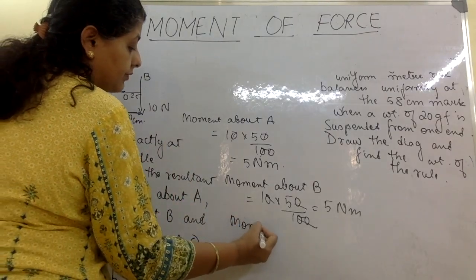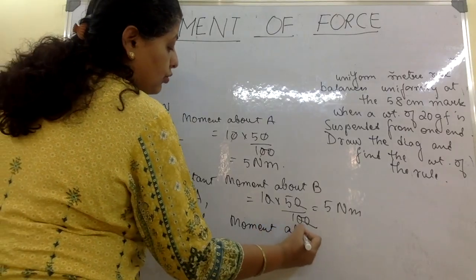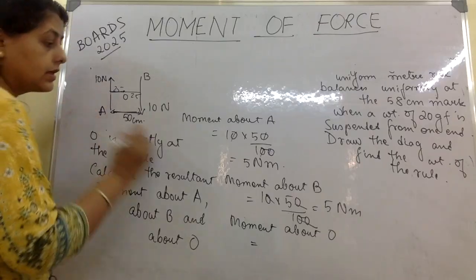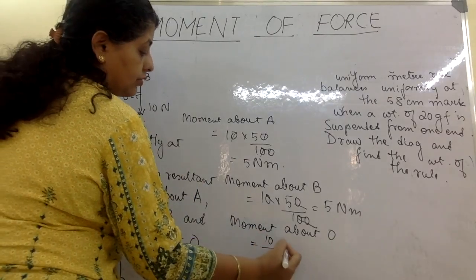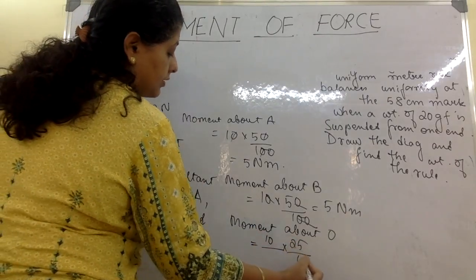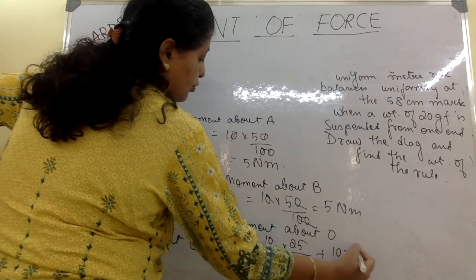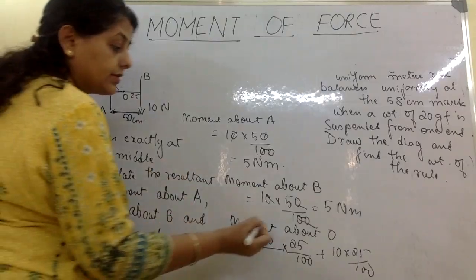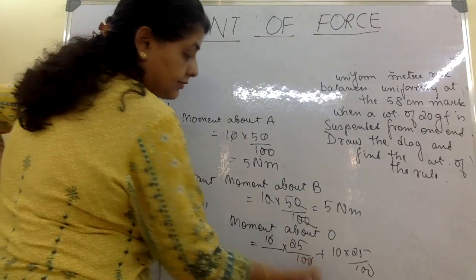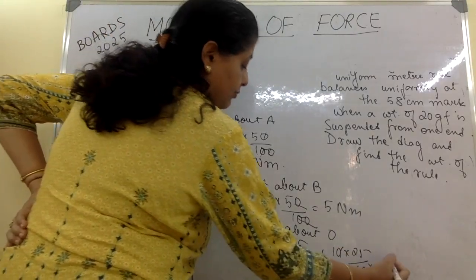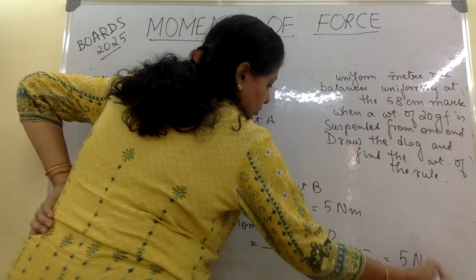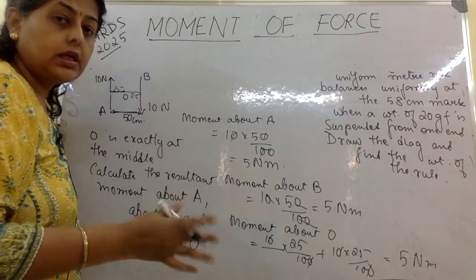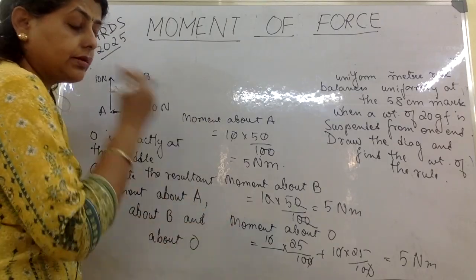Total moment about O, I'm going to find them all together. This is 10 into 25 by 100 plus again 10 into 25 by 100. That makes it 2.5 plus 2.5, 5 Newton meter once again. We got the same result everywhere, but you'll have to follow this method.